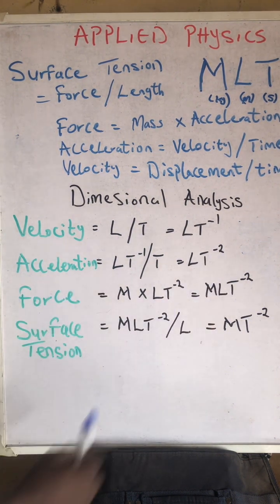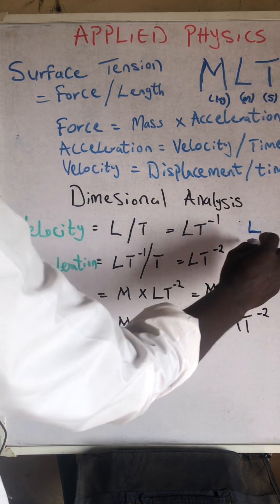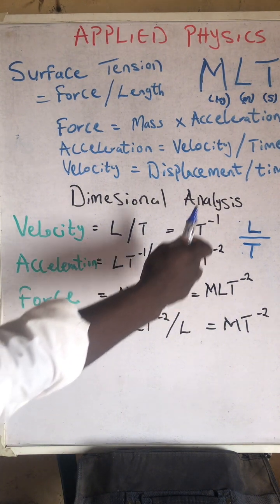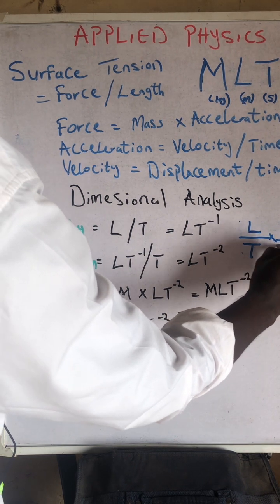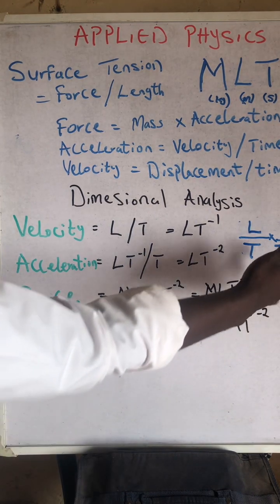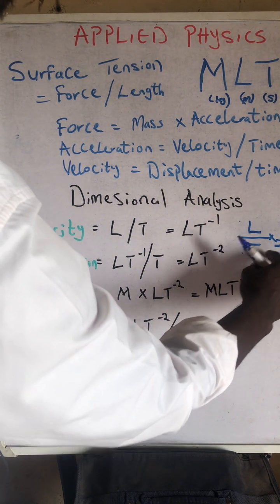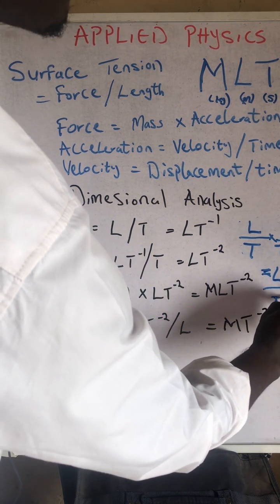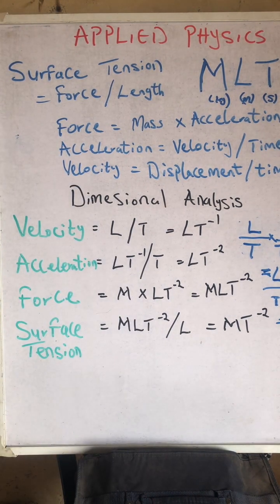And I hope you know how we got raised to the power minus 2. Because LT minus 1 is simply L over T. Then divided by T will be over 1 over T. So we have T appearing here 2 times as a denominator, which will be equal to L over T raised to the power 2, which is equal to LT raised to the power minus 2.